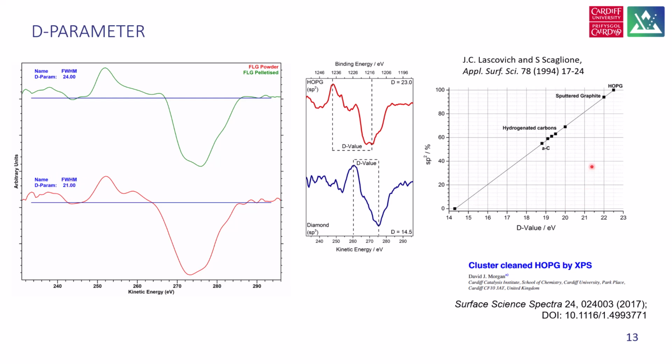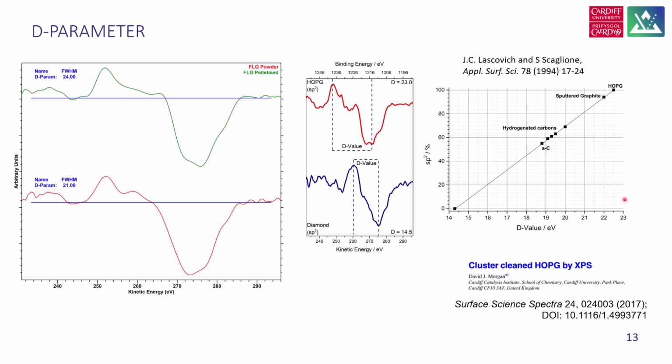So if we read off that table, we have around 80% sp2, so 20% or thereabouts of sp3-like material in the loose powder. When we compress it, we get a D parameter of 24, now slightly higher than the HOPG value of 22.5, which was reported by Scaglione.